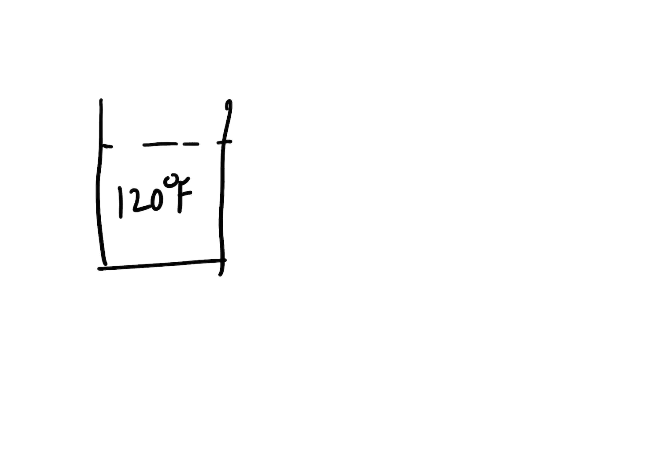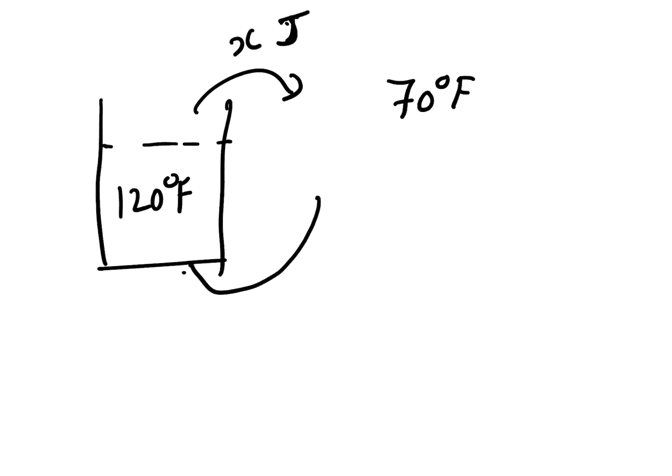If I think of a situation like a hot cup of coffee, let's say the coffee is at 120 degrees Fahrenheit, the room is at 70 degrees Fahrenheit. If X joules of energy is lost from the coffee to the room, it is conceivable that we can transfer X joules of energy from the room to the coffee.